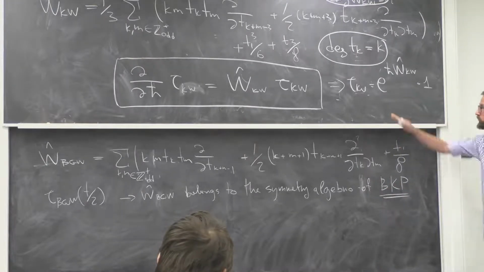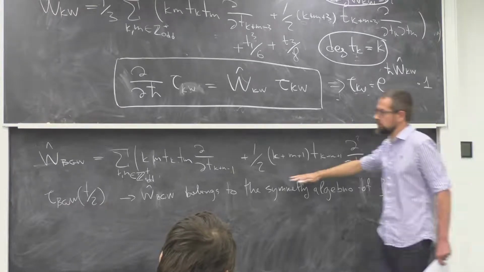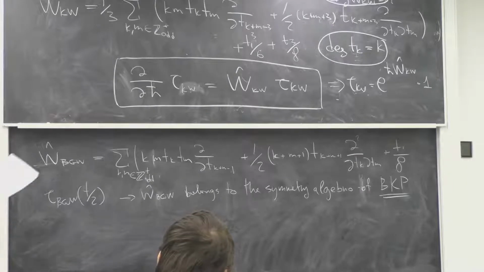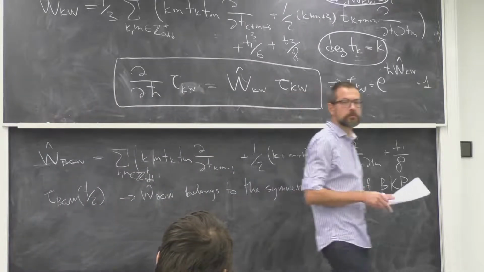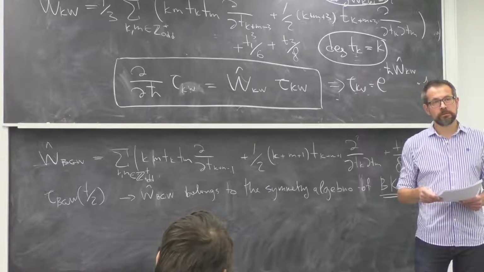So from this representation, it immediately follows that this is a tau function of a BKP hierarchy. But didn't you say before that it's a tau function of KdV? Yes. How can it be simultaneous?